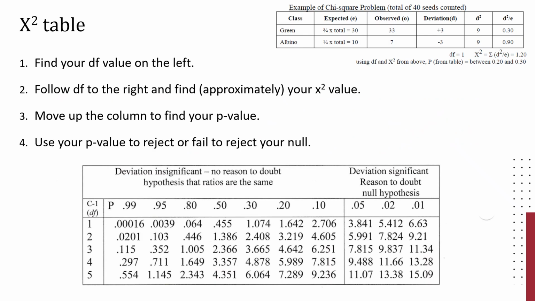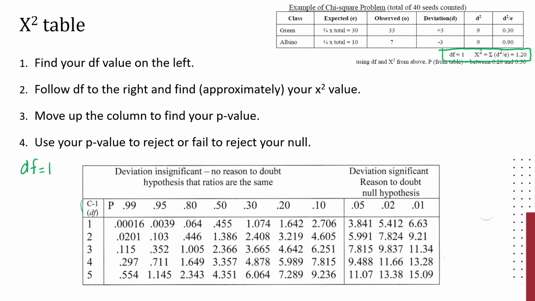So we have determined our expected values, we've counted up our observed values, and we've calculated our chi-squared values. We needed our degrees of freedom, so our degrees of freedom is 1, and our chi-squared value is 1.2. So the first thing we need to do is use our degrees of freedom to tell us which line in our chi-square table we're going to use.